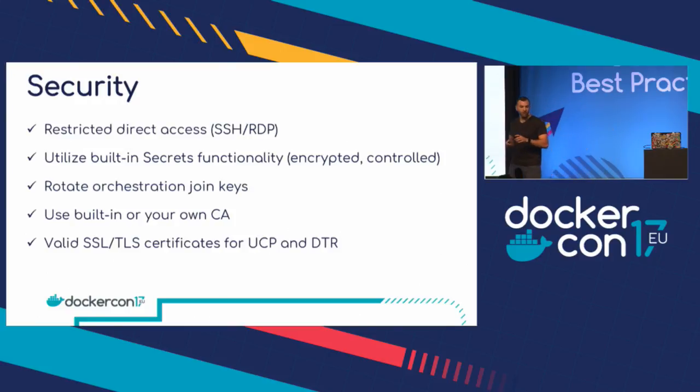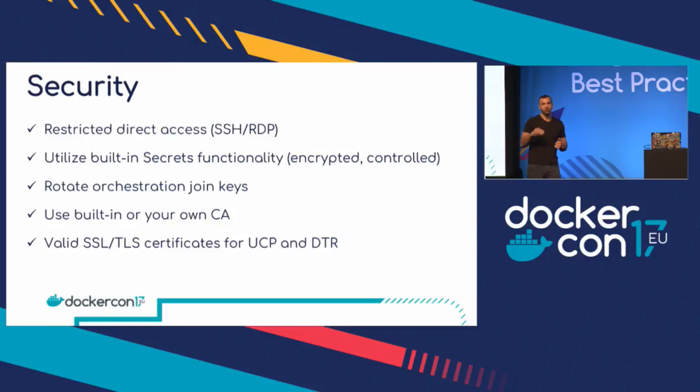Not a lot of people know this, but as enterprise IT, a lot of you have an internal CA. How many people have an internal CA that you use? Good number of you. So Docker EE does allow you to use your own CA to establish mutual TLS across the cluster. That's for node identity and all the management communication and control for networking within the cluster.